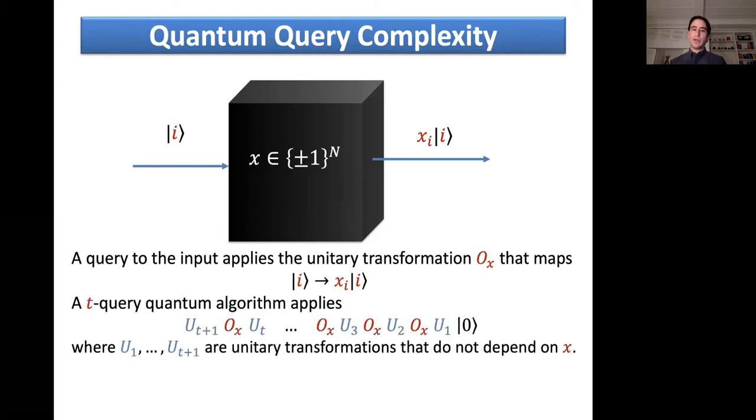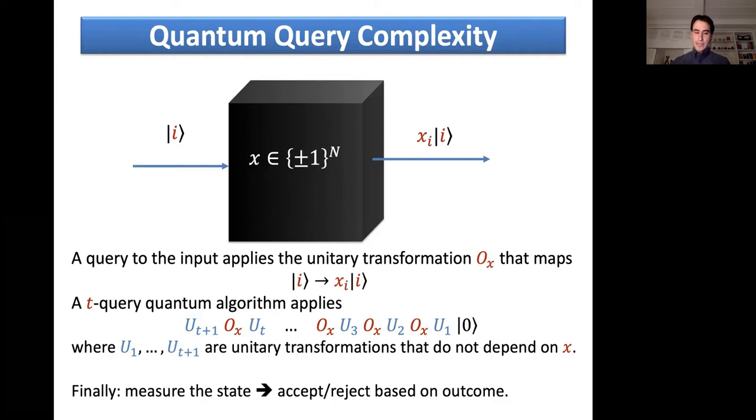A general T-query quantum algorithm applies a sequence of 2t+1 unitaries. You first apply U1 and then O of x, where O of x is this oracle query to x. Then you apply U2 and then O of x again, U3, O of x again, and so forth for t steps. And in the end, you apply another unitary U_{t+1}.